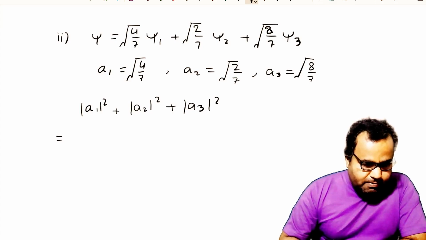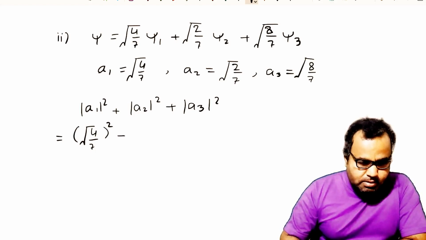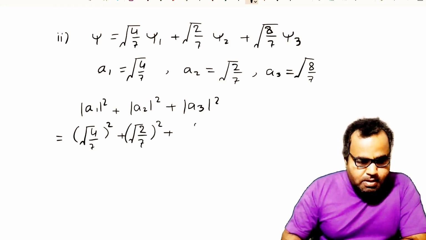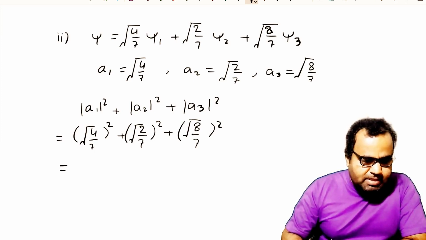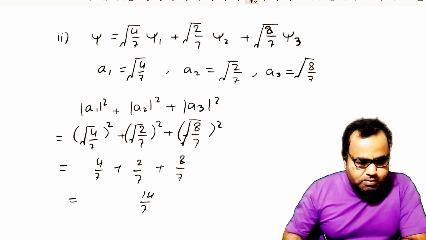So 4 over 7, by the principle of superposition we studied in the last article, plus the value of a2, which is 2 over 7, and the value of a3, which is 8 over 7. So the square and square root cancel, and this is 4 over 7 plus 2 over 7 plus 8 over 7, which is 14 over 7, and this is equal to 2.